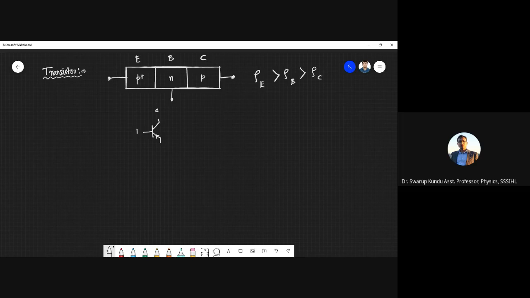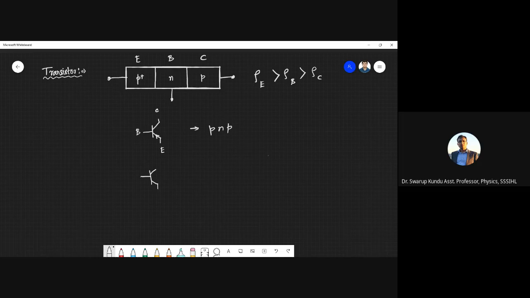This is your collector, base, and this is the emitter. We always put the arrow on the emitter of the transistor. This is the symbol of a PNP transistor. And the NPN you can guess, right?